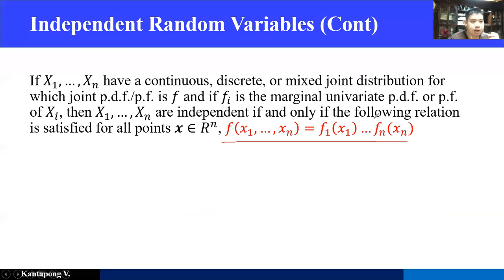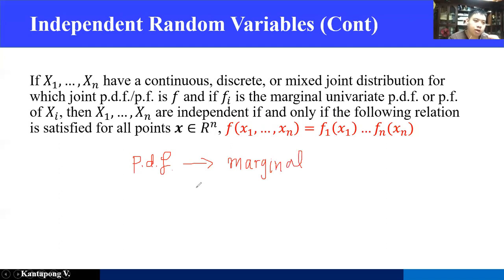That is, we can reconstruct from the marginals to the PDF. Because from the PDF, we can construct the two marginals. However, from the marginals, we cannot construct the PDF except in one special case, the case of independence. If it is independent, you can go the other way around.